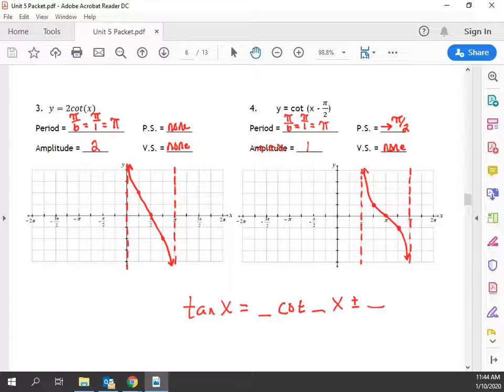What transformations do I need to do to cotangent to make it equal tangent? What transformations, by looking at the graph, guys, need to occur in order for them to lay right on top of each other? It can happen. I'll give you a minute or two to go through and look. And hey, if you don't know it all, that's fine. Just see if you can pick something that needs to happen.